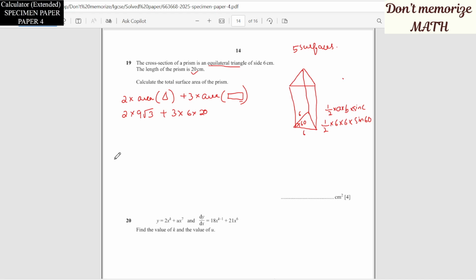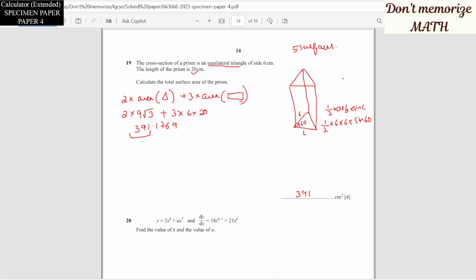The answer you will get is 391.1769 something. This answer you can round and write in 3 significant figures, 391 centimeter square. I hope this question number 19 is clear for you.